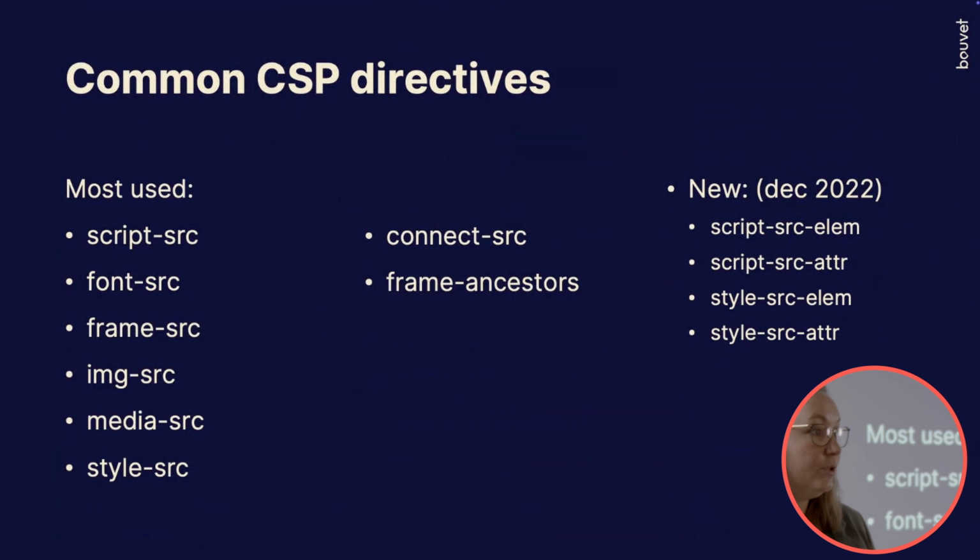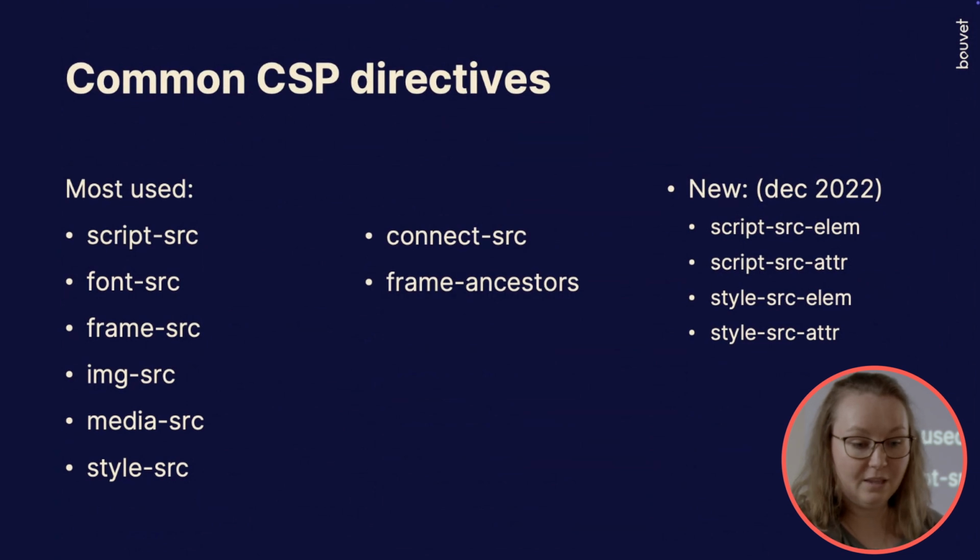These are some of the common directives. For example, script source here is used to tell the browser from which pages or how we can load scripts. And then we have a lot of others.